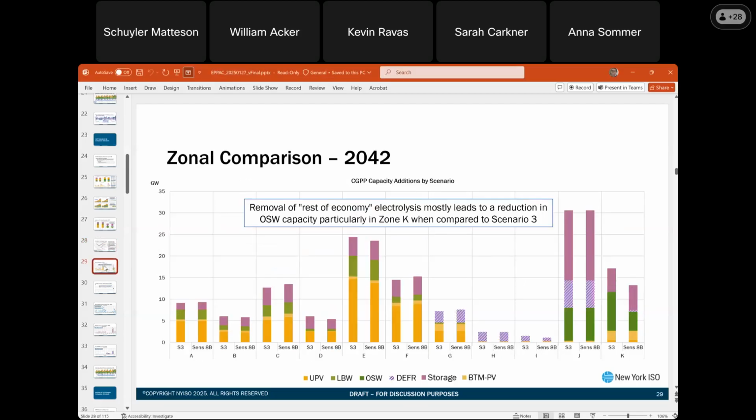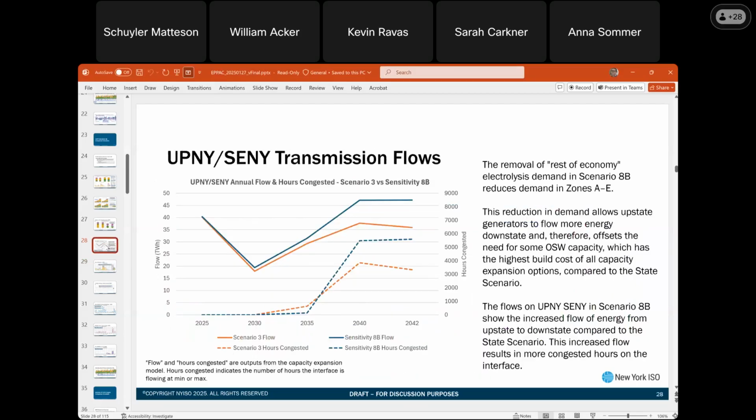Okay, one more question on the phone, Monica? Thanks. I have a clarification question on the prior slide 28. When we talk about upstate generation, and I have in mind renewables in particular, you reduce the demand, but are the clean energy targets applied on the reduced demand?